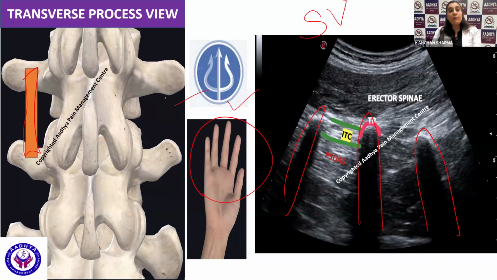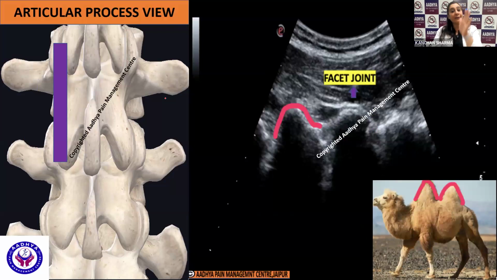If my probe is over the transverse process, I am looking at the paramedian sagittal view, and it will have finger-like projections or the trident view. Once I have moved my probe from the transverse process to the articular pillar, like this, this view will be like the hump of the camel.